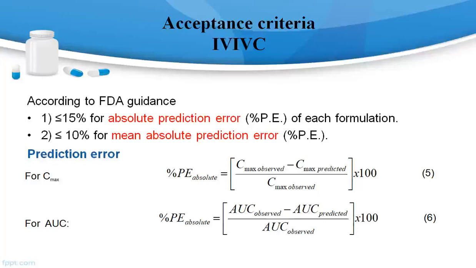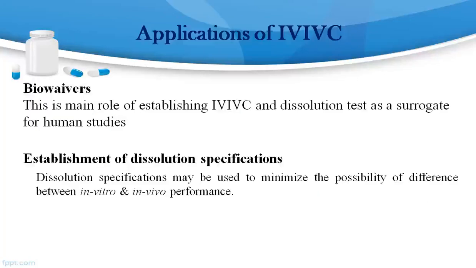For finding the prediction error, for Cmax, the absolute prediction error is equal to Cmax observed minus Cmax predicted, divided by Cmax observed, into 100. For AUC, the absolute prediction error is equal to area under curve observed minus area under curve predicted, divided by area under curve observed, into 100.